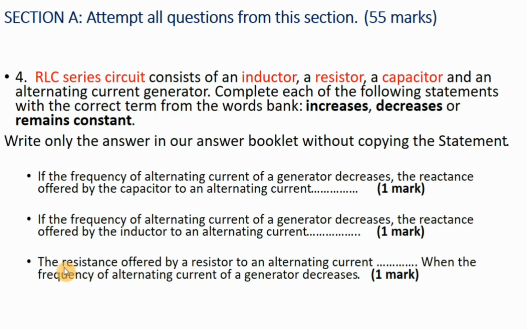We would say that the resistance offered by a resistor to alternating current remains constant when the frequency of alternating current of the generator decreases. Those are the answers for this question.